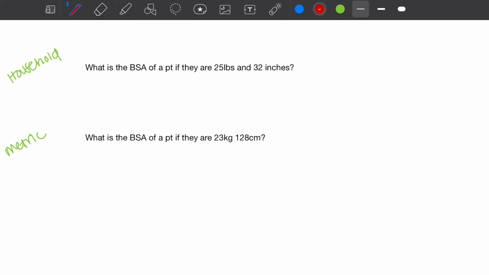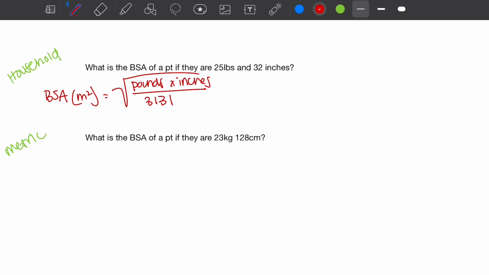So our household BSA formula is going to be BSA, which is meters squared, equals a square root of pounds times inches all over 3131. So the way that Ms. McVeigh says it's easy to remember is that household is what we use in the United States.